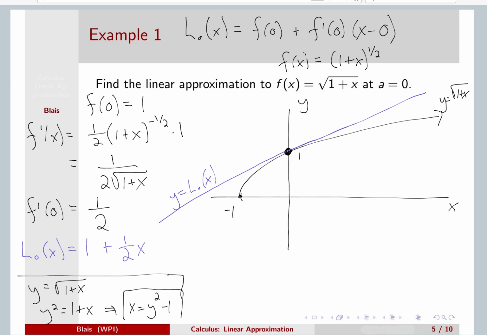Again, when you see this concept of linear approximation, it's nothing more than the tangent line generated at the point. But let's write this formally. For x near 0, root 1 plus x is pretty close to this line, 1 plus 1/2 x, which was our linear approximation.